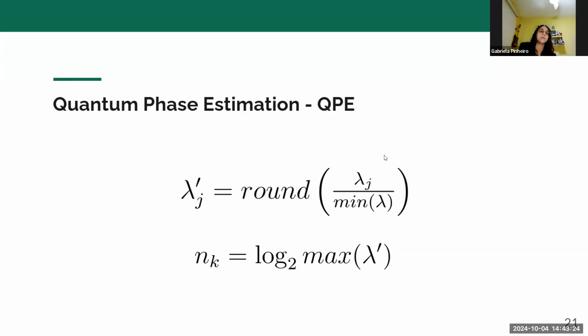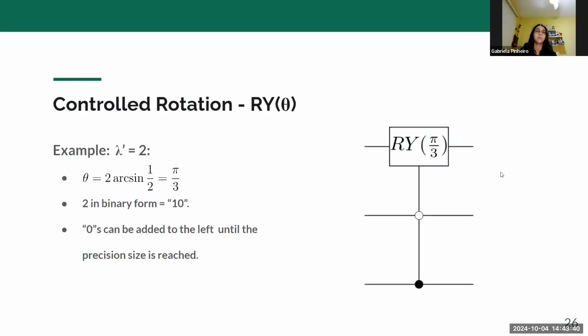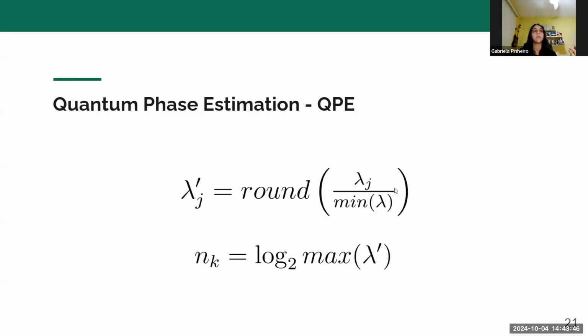So when you have only integer values, you will need to represent them on the circuit. And the precision will be the number of qubits required to represent all of those values in binary, because on the rotation, we need to represent them on the circuit as binary versions of this control. So the precision is calculated by the number of bits you need to represent those values.